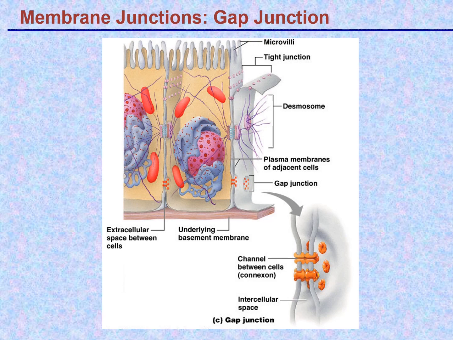And that is possible because these protein structures, gap junction structures on one cell, I'll highlight it here, that's one, and there's the other. They align very nicely with each other and form a channel so that molecules can in fact go straight across either way. Okay, so we have tight junctions, desmosomes, and gap junctions.